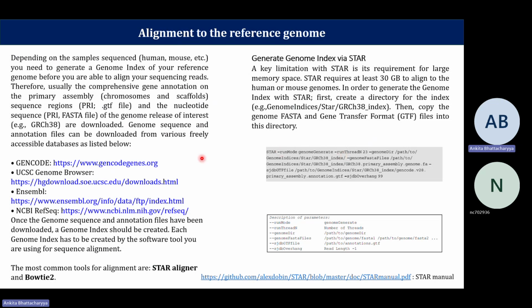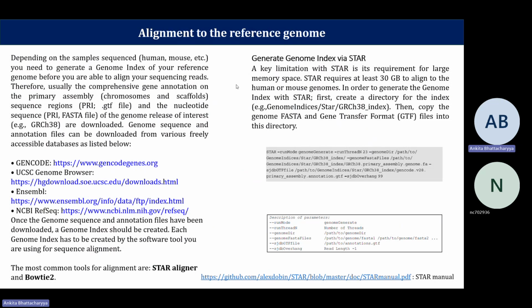Now coming back here. We were discussing the principle of alignment. If you remember, we had first sonicated our sequences, and shotgun sequencing was performed for that. Then the reads that you get, we were trying to make sense of those reads. For that, first we did pre-processing of our data using tools like FastQC.